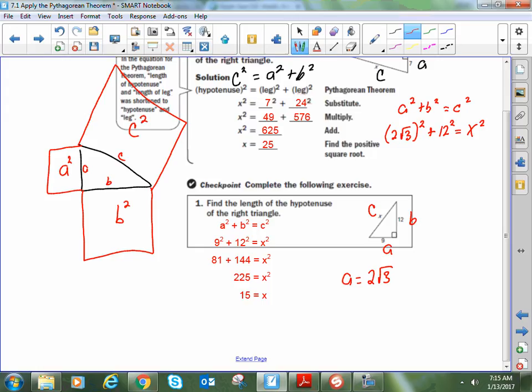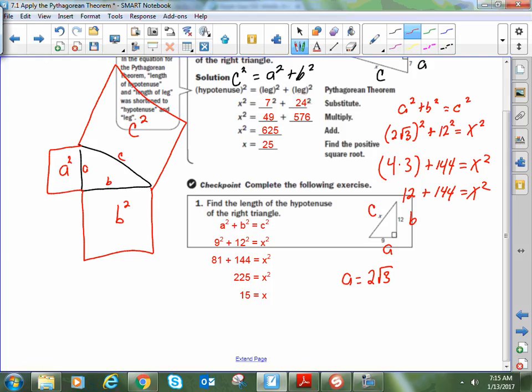So algebraically, I'm going to take the 2 and square it, and I'm going to take the radical 3 and square it, and when I square the radical 3, that just gives me a 3. So ultimately, what my calculator display should say when I'm done is 12. And we would just continue the problem from there.